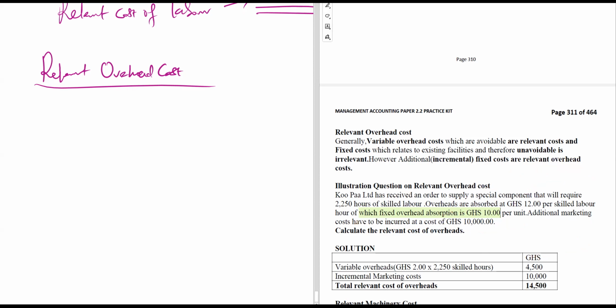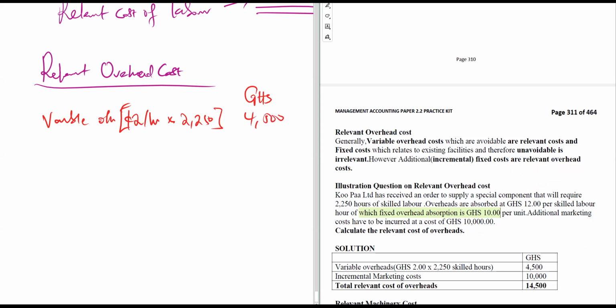So in that case, if we should put it together, we have what? Variable overhead cost, right? Which is what? 2 cedis per labor hour, right? And how many labor hours do we need? 250, not so? That's 4,500, not so? Then what else do we need?